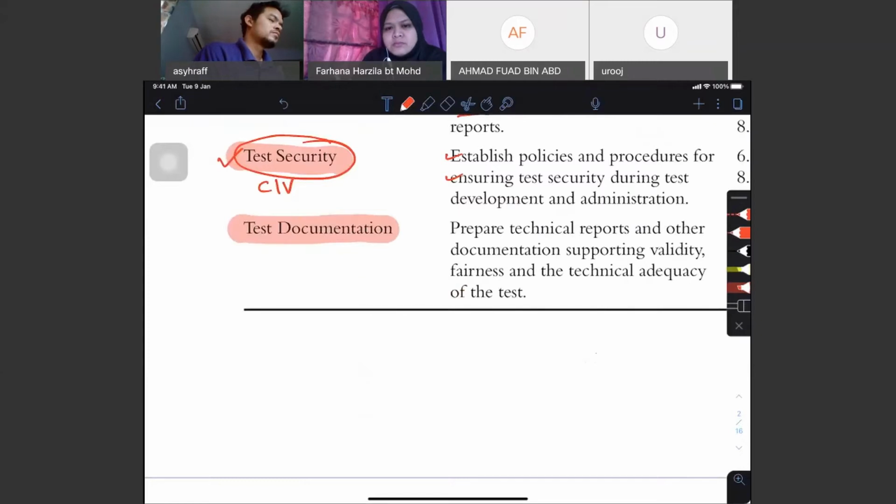And lastly, test documentation. Okay, so this is important as well. What to report: technical reports, usually talking about validity, and accreditation people are usually very interested in this kind of thing. Show me your proof. So if you have this handy, good. But it shouldn't be just for accreditation.